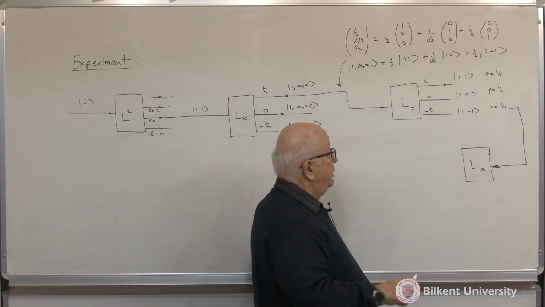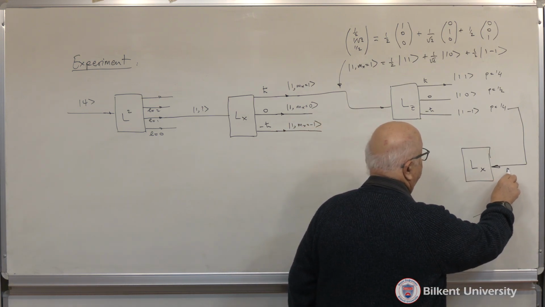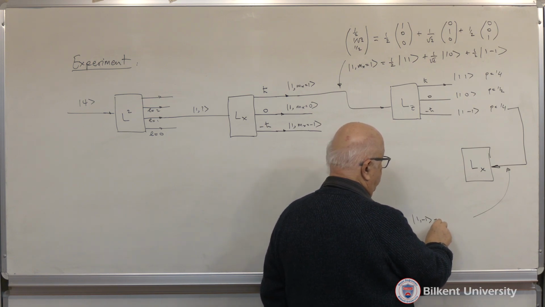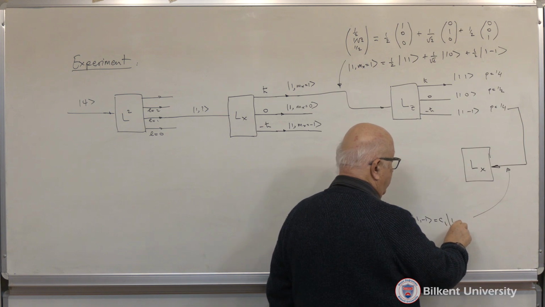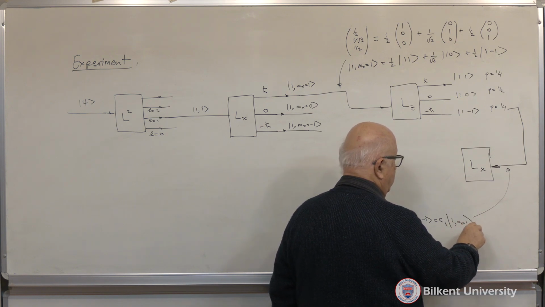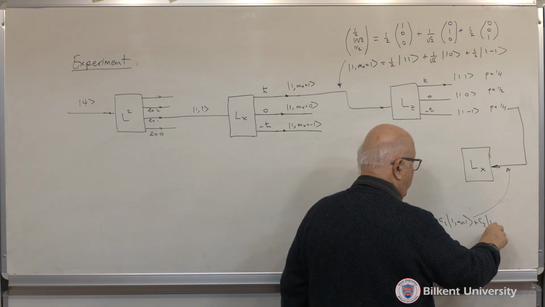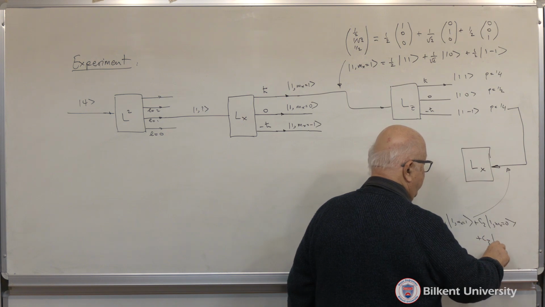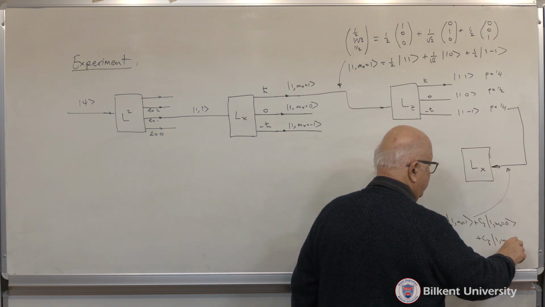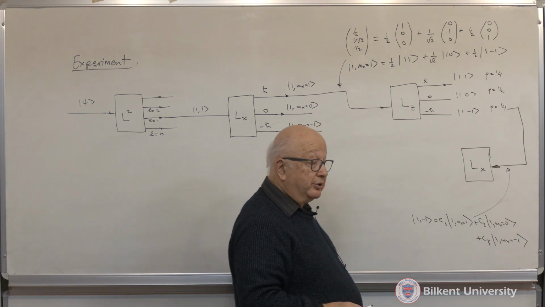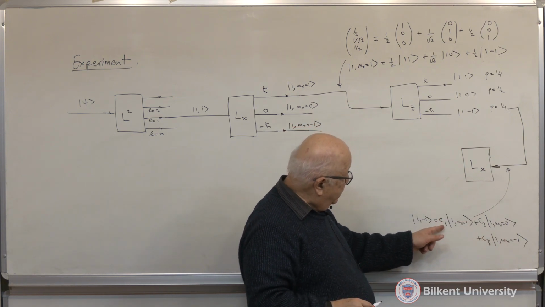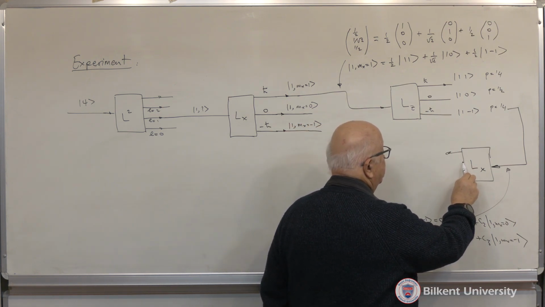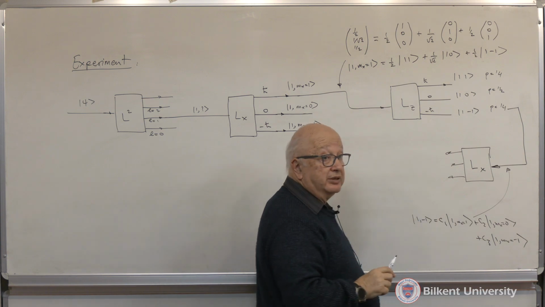So now I have to expand this 1, -1 in terms of C1 |1, mx=1>, plus C2 |1, mx=0>, plus C3 |1, mx=-1>. I have to make this expansion, and the magnitude squares of C1, C2, C3 will give me the probabilities for these cases.